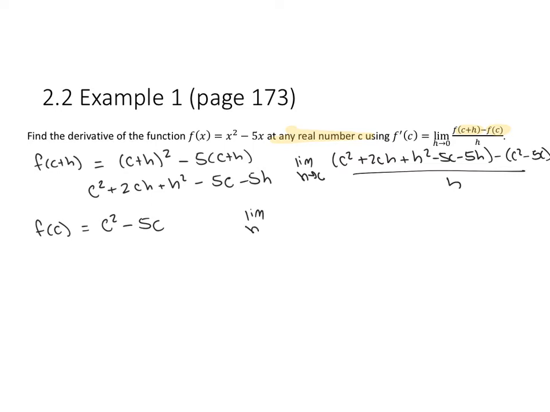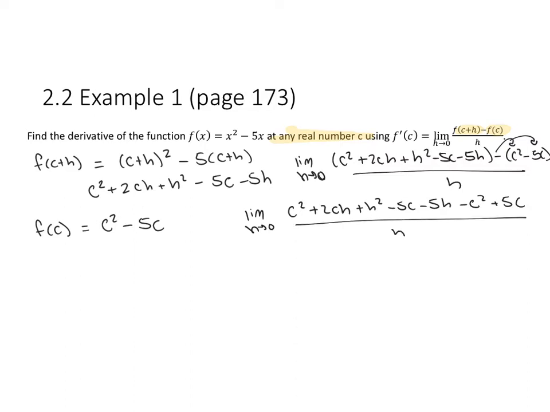The limit as h goes to 0, and let's simplify this by distributing that minus sign to each piece. c squared plus 2ch plus h squared minus 5c minus 5h minus c squared plus 5c all over h.